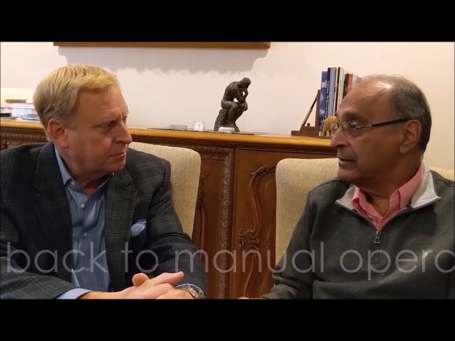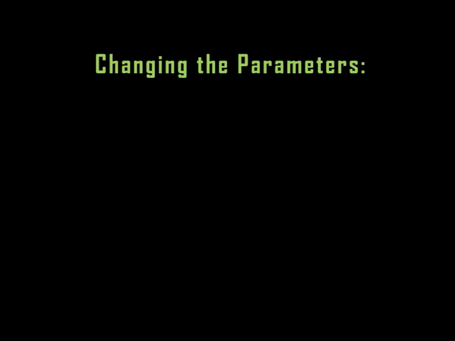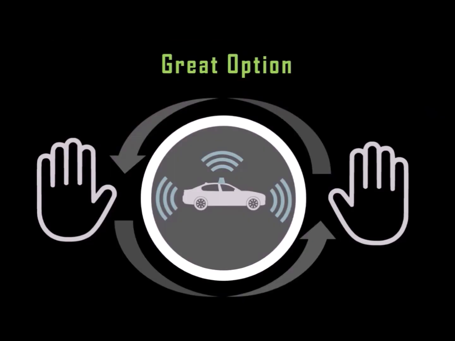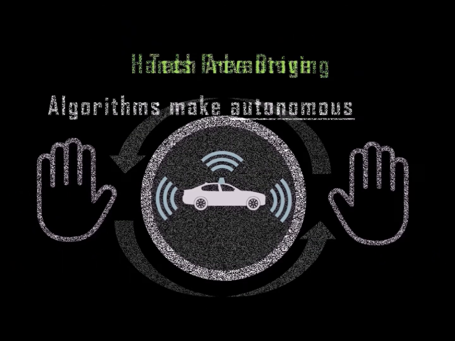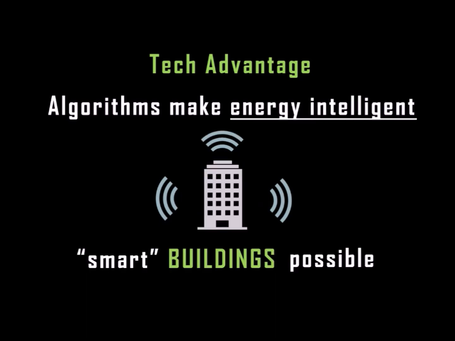And what we are doing is not any different than what he's doing, except that we are doing it continuously. Every 5 or 10 minutes, we're changing the parameters based on the chiller loadings, the ambient conditions, and the user requirements. So he is driving the car if he wants to, he or she. Yeah, he at least has the steering in front of him. Algorithms make autonomous smart vehicles possible. Algorithms make energy intelligent smart buildings possible.